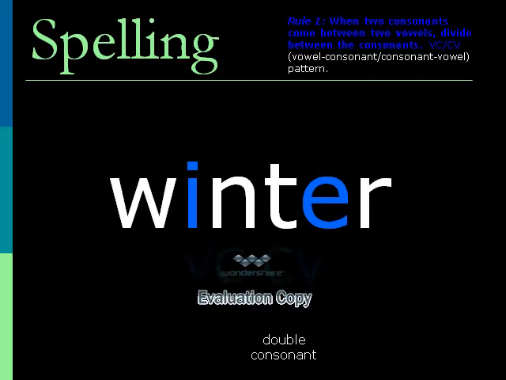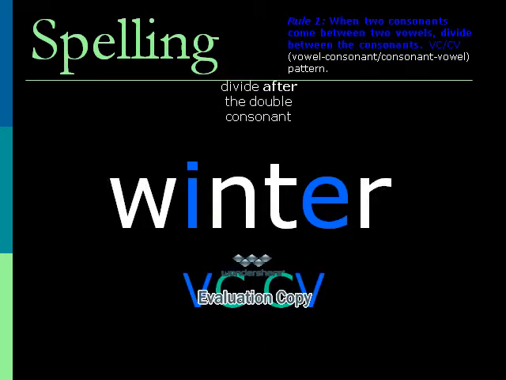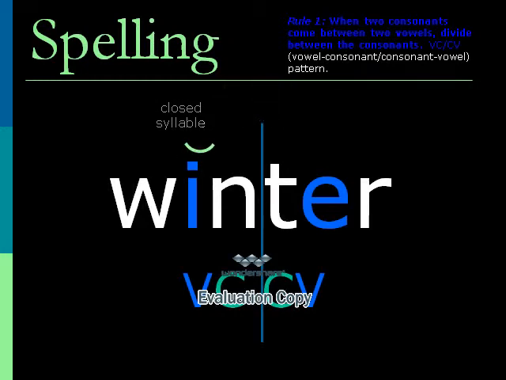And our final word in this group is winter. Now, let's look. We have a double consonant, N and T, right in the middle of this particular word. So when we put the line and divide in between, the first syllable, which is closed, is win, and our second syllable is ter.